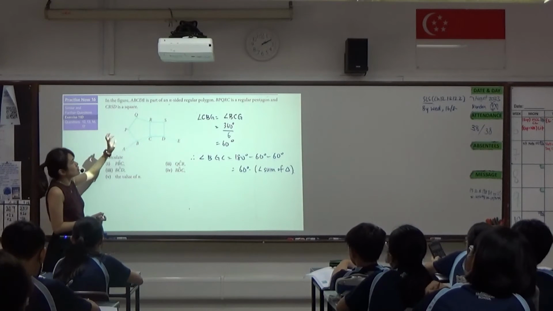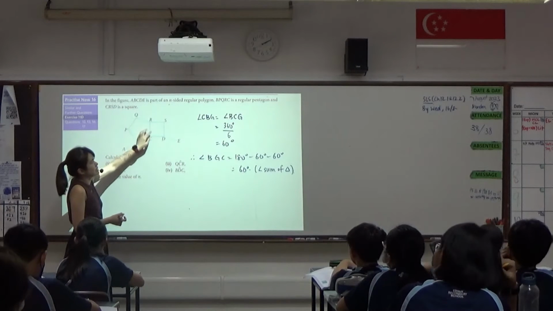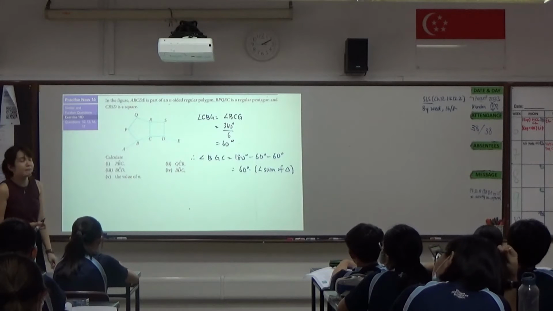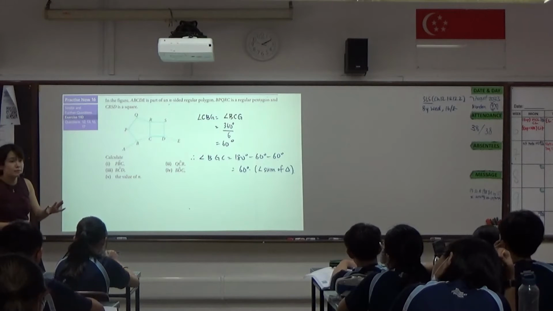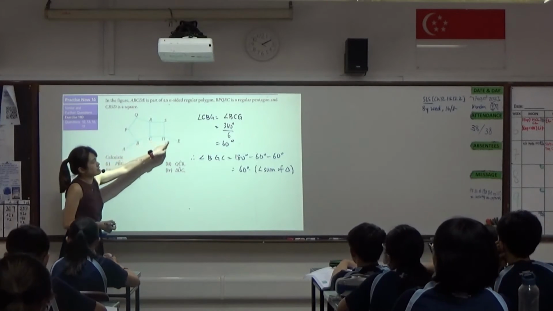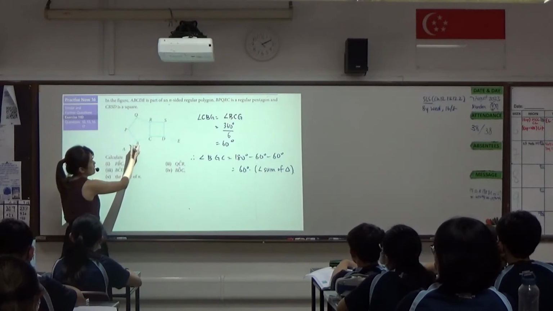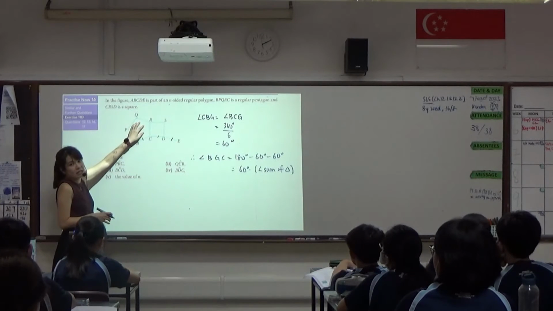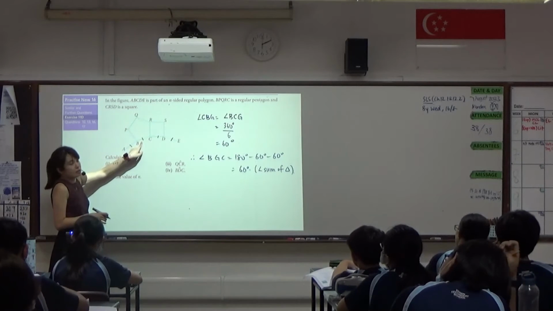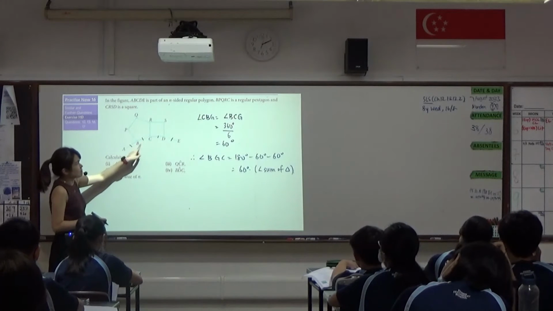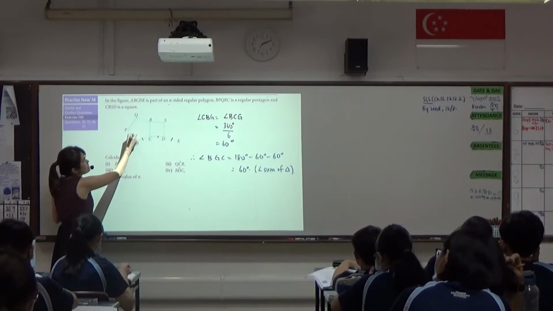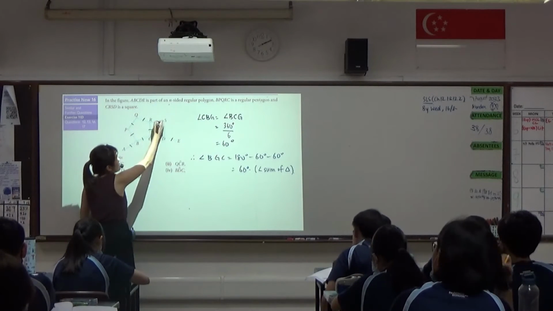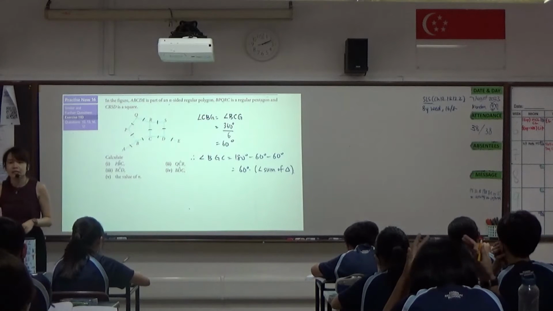You are also given that BPQRC is a regular pentagon and this is a square. Because the question mentioned that they are all regular, I know that their sides are of the same size. Because this pentagon has a side equal to the size of the n-sided polygon, all the other sides will be the same. Likewise, in my square, all the sides are the same as well.